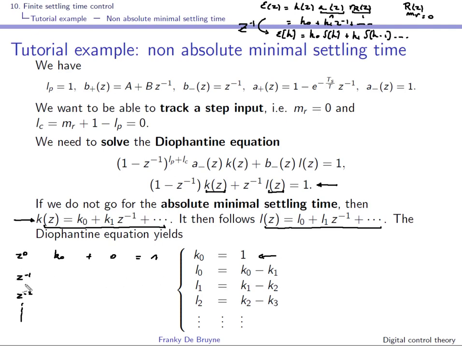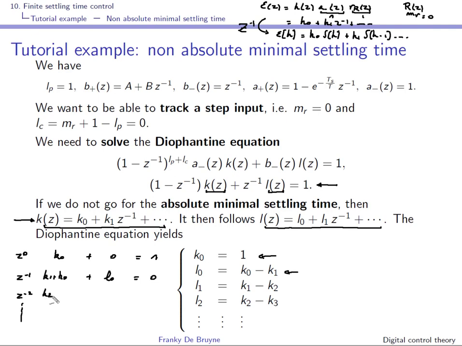We now look at the powers of z minus 1. Here you'll have k1 plus k0 plus, and this one here will contribute with L0 is equal to 0. There is no power of z minus 1 to the right here. So this yields L0.